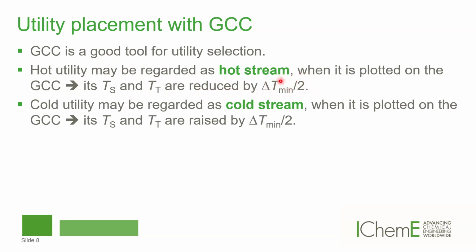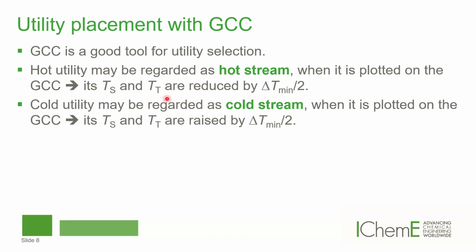So half the delta T min. Remember, we shifted the temperature by half the delta T min. Similarly, the cold utility is also regarded as a cold stream when it's plotted in the grand composite curve. It has a supply temperature and target temperature, but they are raised by half the delta T min. And that is because that's how we plotted the grand composite curve. We shifted the temperatures by half the delta T min.